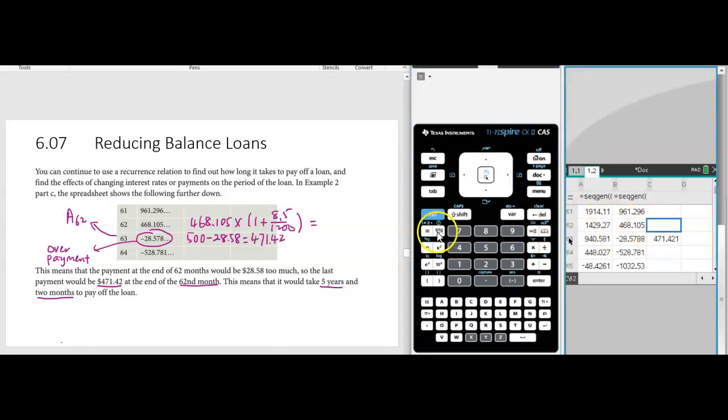Let's try with the calculator. 468.105 is cell B62, times open bracket 1 plus 8.5 divided by 1200. Okay, and then you enter. You see that both values are the same. So either of these two methods is applicable to find your last payment. But I think the first one mentioned is the easier method.